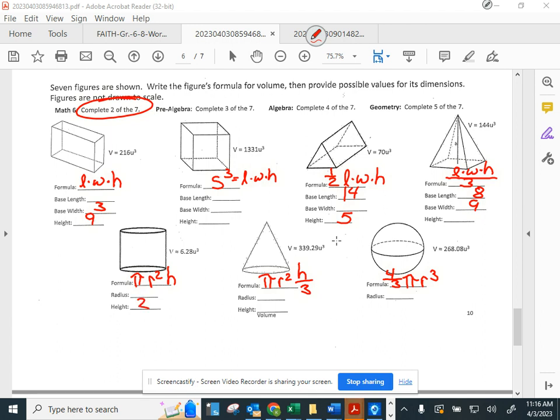For our cone, a height of 36. So those will help you come up with the answers. Remember, we know the volume, we know the formula, so put in the variables that you know, it equals that volume, and then you do your opposite operations to find out what our missing variable is. So this is all about those opposite operations.